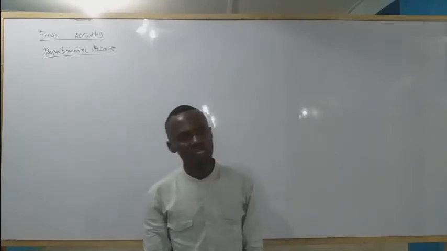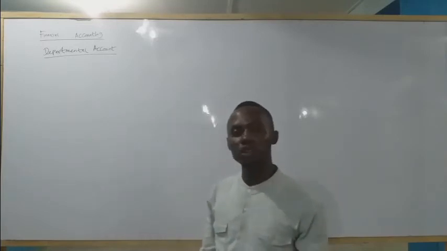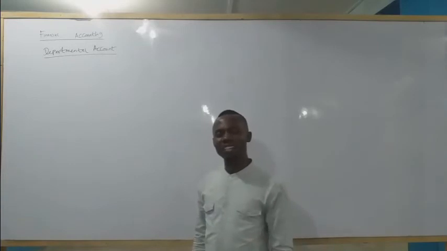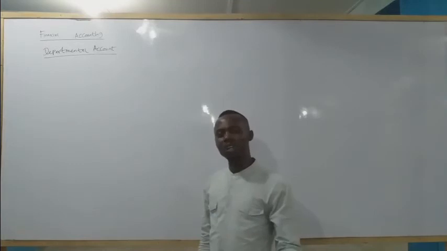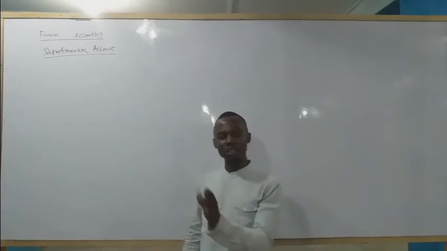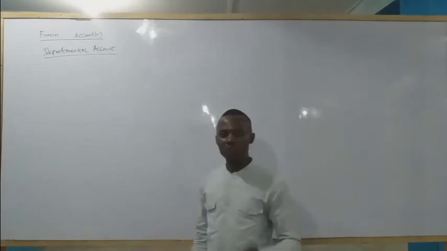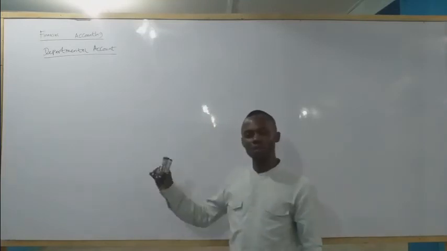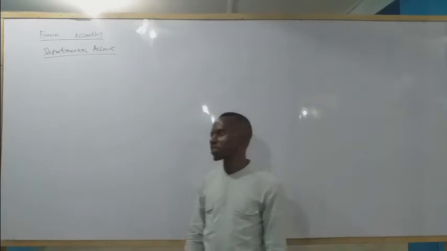Why? Because the statement of financial position is only meant to show the financial affairs of the business as at a particular point in time. It's not meant to differentiate between the lines of business. We just want to know the position of the business.